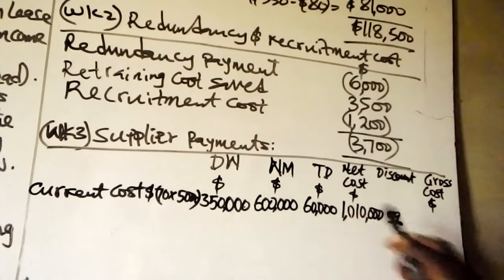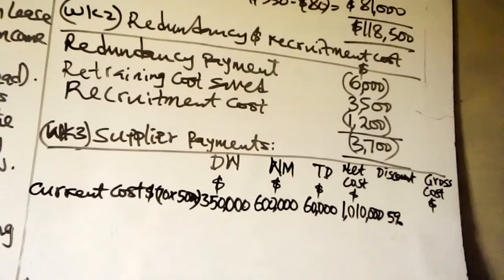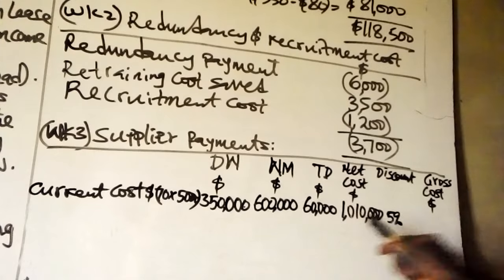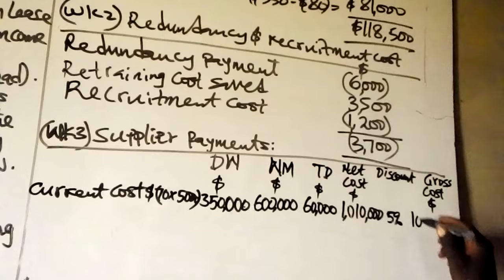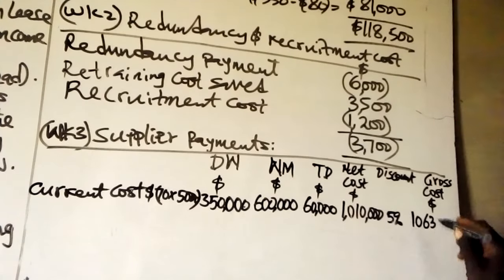When you now add 53,158 to 1,010,000, that means the gross cost will be 1,063,158.